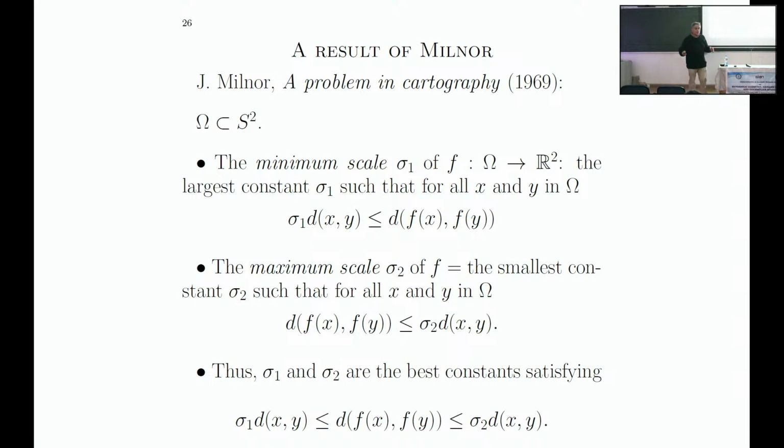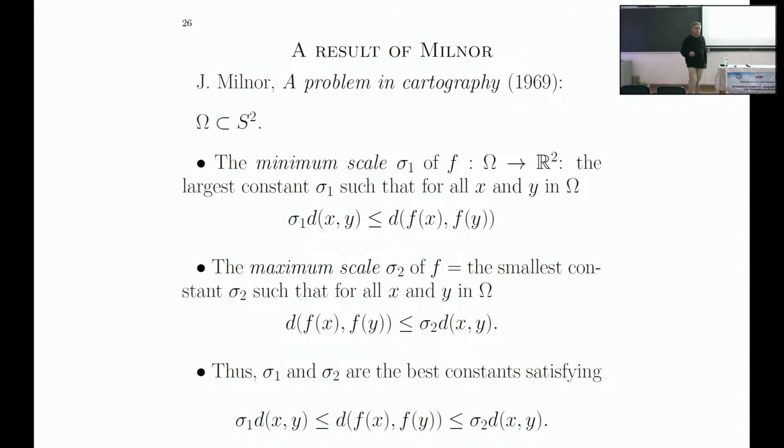So you think that you want to draw a geographical map of some country. And then you introduce two constants for this map. I want a measure of the distortion of the map. You see, this double inequality here tells you that the map is a quasi-isometry.